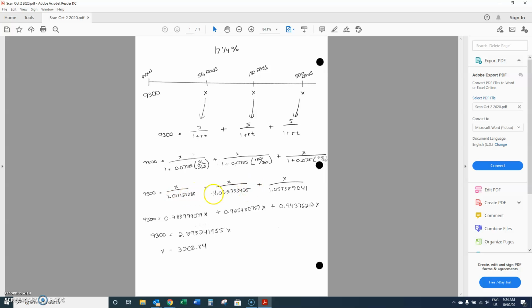Now, we'll move on. We'll go across. So for the next one, I can hit clear, and I can do this same thing right here. 180 divided by 365 times 0.0725 equals, okay, the plus 1 equals this number here. So this is the second one.